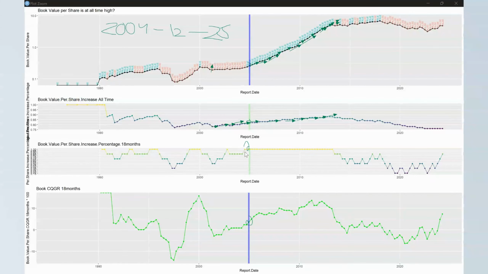And if you look now at 1.5 years, we saw that in December 2004 there were already a few quarters where the metric was at 1, meaning that every single quarter for 18 months we saw an increase. And we also see the same trend line on the compounded quarterly rate.